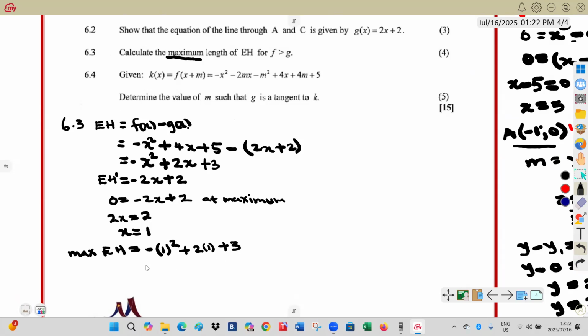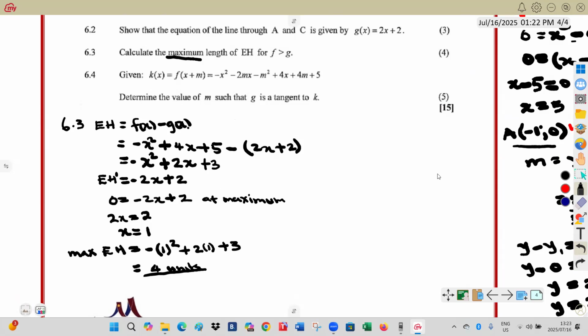When you simplify this, it means the maximum length is equal to 4 units. Make use of your calculator. 4 units.